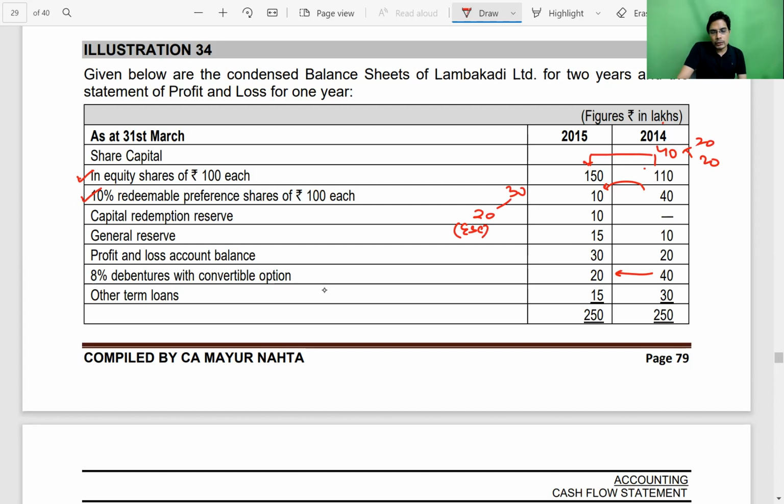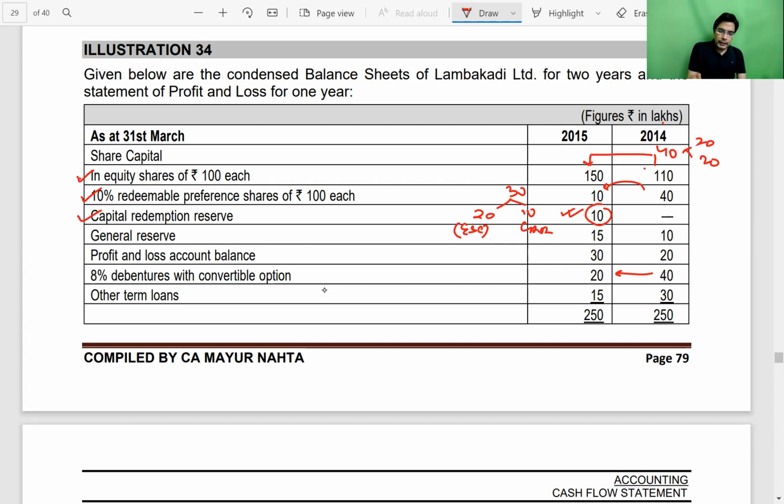So 20 lakh restoration has been done by issue of equity shares. This means the balance 10 lakh restoration will be done through creation of CRR. And the capital redemption reserve balance given in the question is 10. So this 10 CRR has been created from free reserves to comply with the provision of section 55.